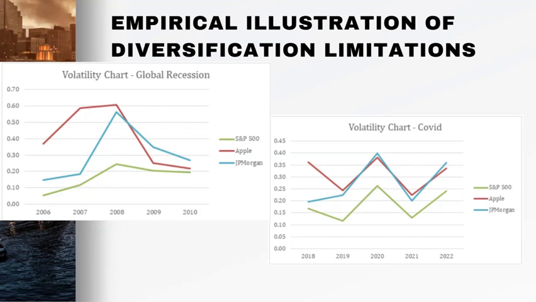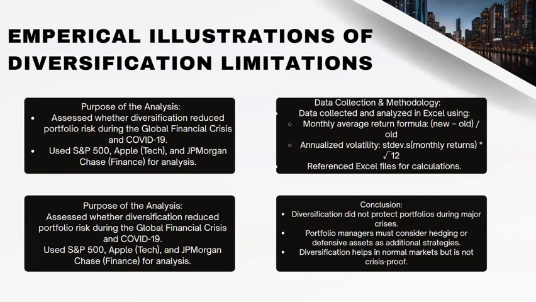According to modern portfolio theory, diversifying across assets with low correlation will reduce risk. However, during a crisis, this isn't usually correct. For example, correlations between stocks increase significantly, which is shown by our volatility graphs for both crises. Both stocks become similar throughout the years of effect.